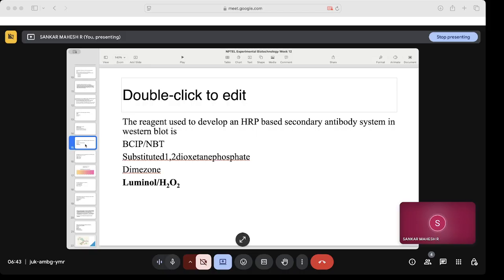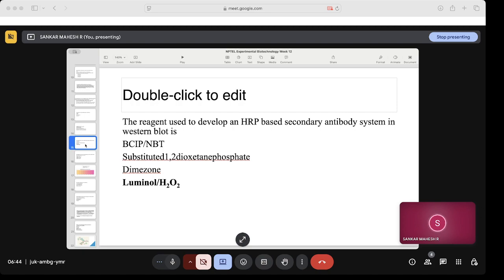So what does that enzyme do? When it reacts with the substrate, it gives a specific color, to quantify the percentage of antigen present in the sample.